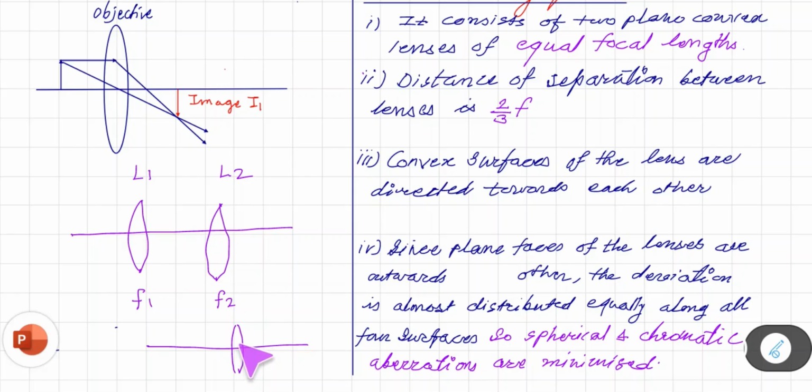Now in order to understand the position and all those things, we have to study the four cardinal points, the focal points, then principal points, say P1 and P2, and nodal points N1 and N2. All these important basic things are required for understanding the functioning of Ramsden's eyepiece.